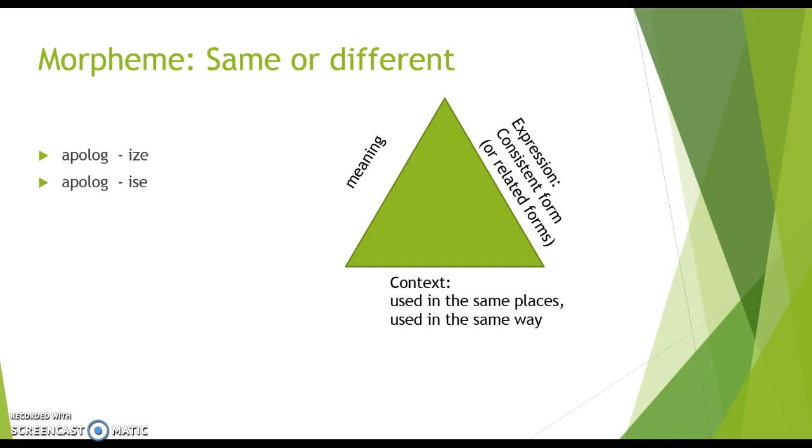Well, we do say them the same, and the spelling's a little bit different, but it's very similar. In linguistics, we really focus more on the sound than the spelling, but this was just an easy example to show. So let's go to a more complicated example.